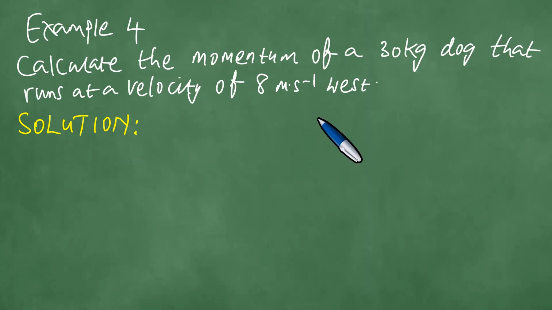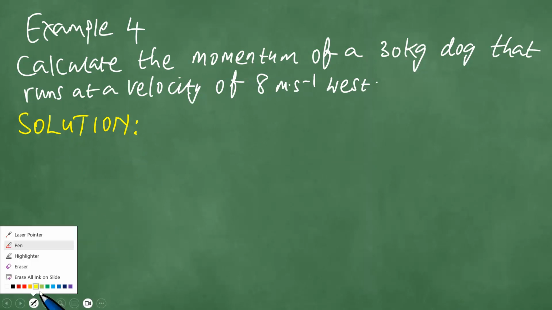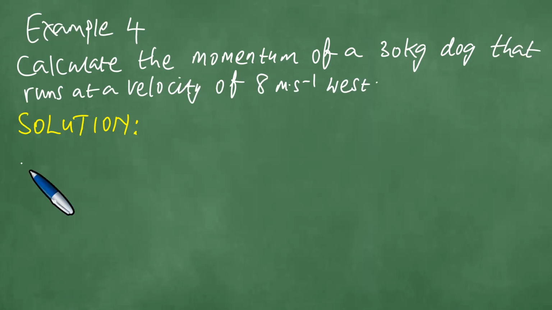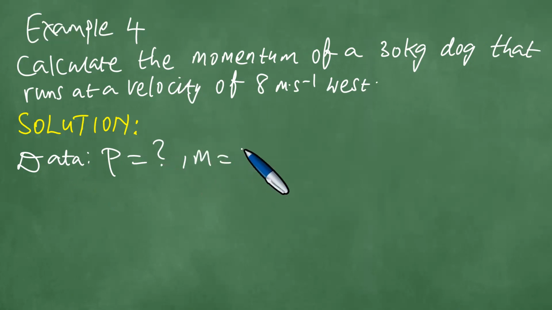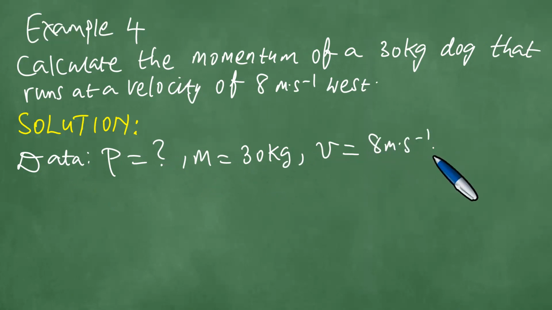So how do you find the momentum of the dog? So we note the data first. Right, so the data: momentum P is the question mark. The mass is 30 kilograms. The velocity is 8 meters per second west.